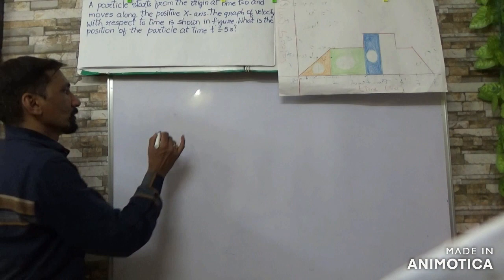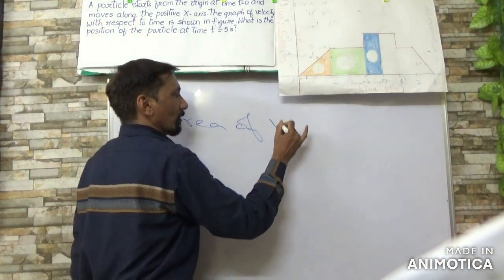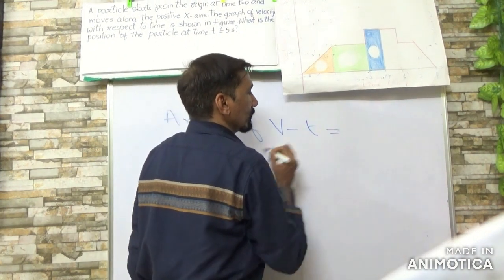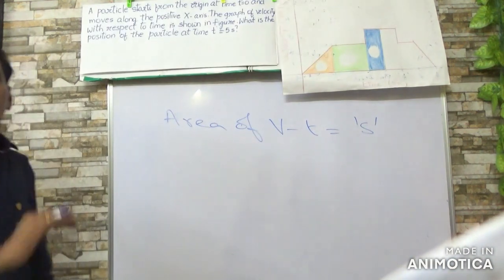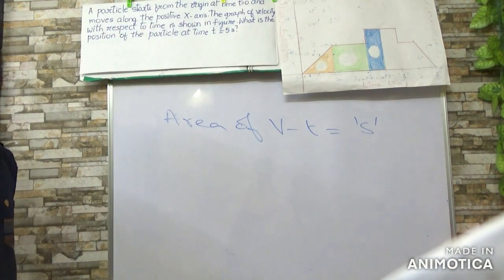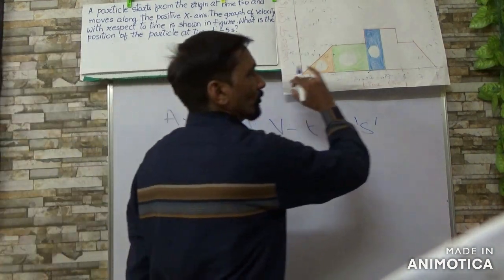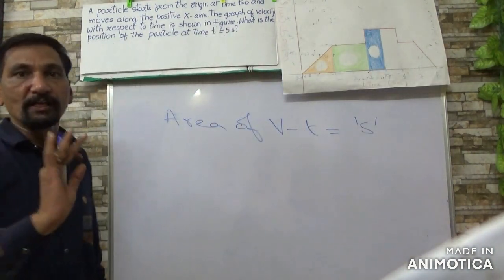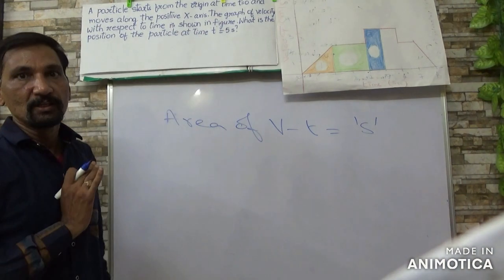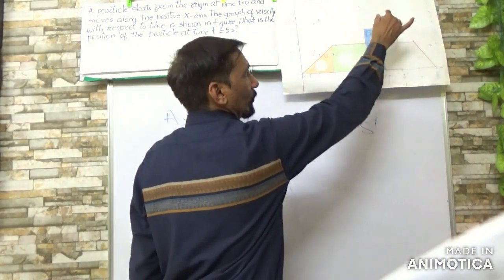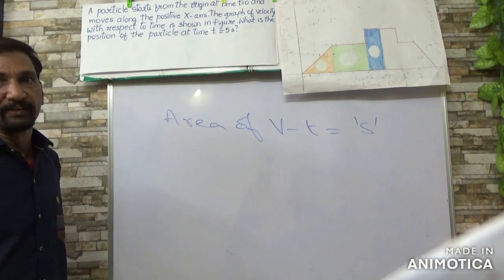The area of a velocity versus time graph gives displacement, that is, the position of the particle. But you want it up to 5 seconds only, so you need not consider the total area up to 8 seconds. You want its position only after 5 seconds. So this shaded portion is all we require.